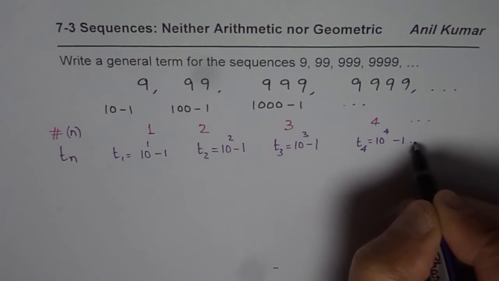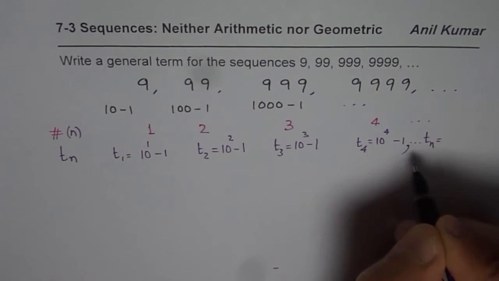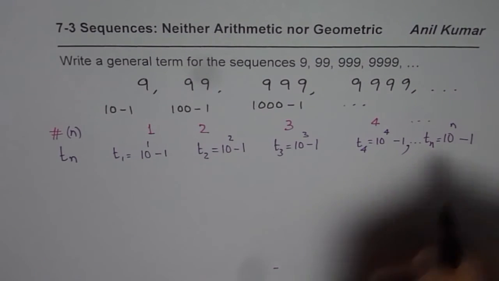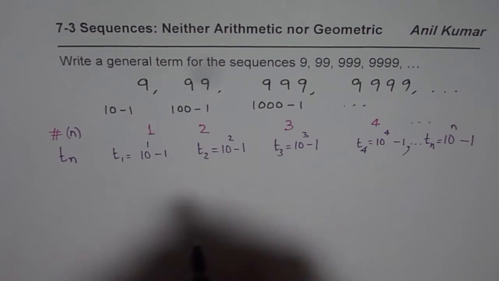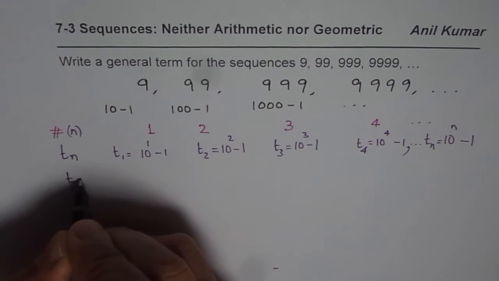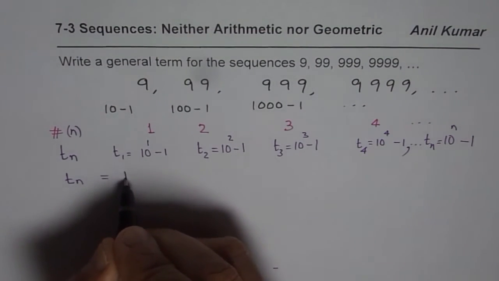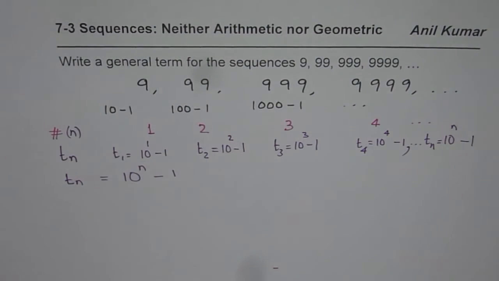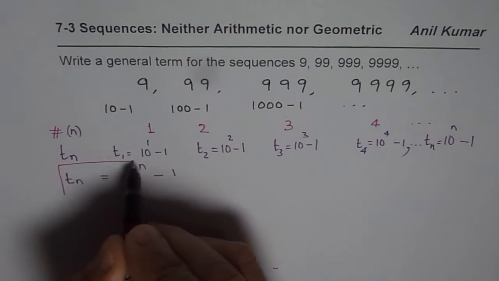So the general term you could write Tn as 10 to the power of n minus 1. Do you get the idea? So 10 to the power of n minus 1 becomes the general term. So we'll say, well, the general term for this type of sequence is 10 to the power of n minus 1, right? I hope you understand and appreciate how we got this particular formula, right?